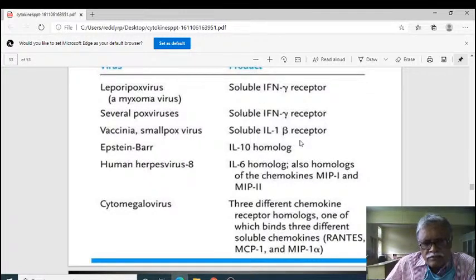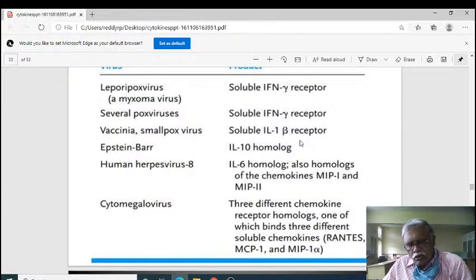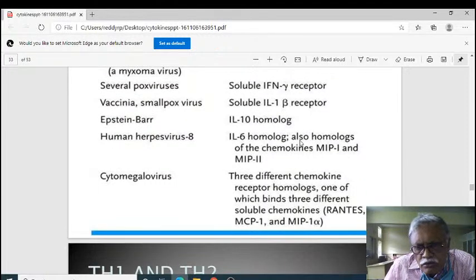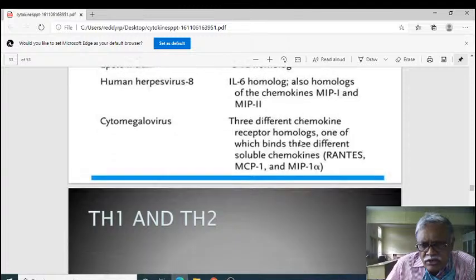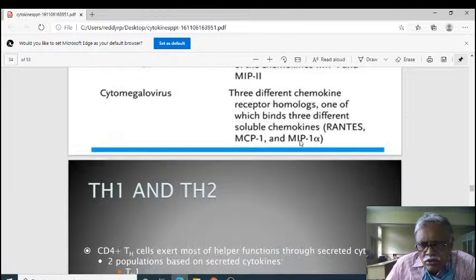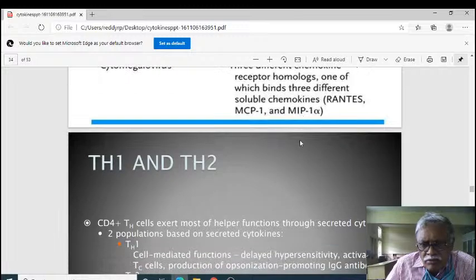Human herpes virus 8 produces an interleukin 6 homolog, and homologs of the chemokines MIP-1 and MIP-2. Cytomegalovirus produces 3 different chemokine receptor homologs, one of which binds 3 different soluble chemokines, RANTES and MCP-1.